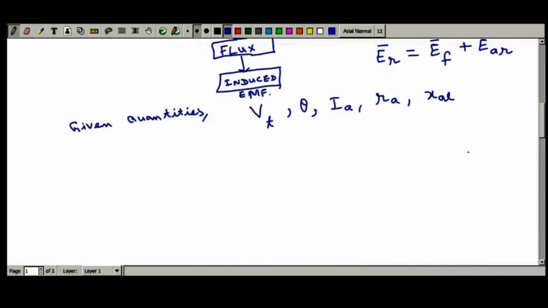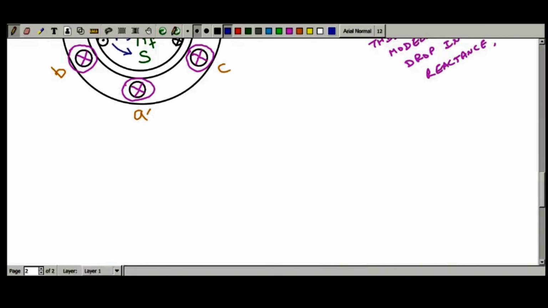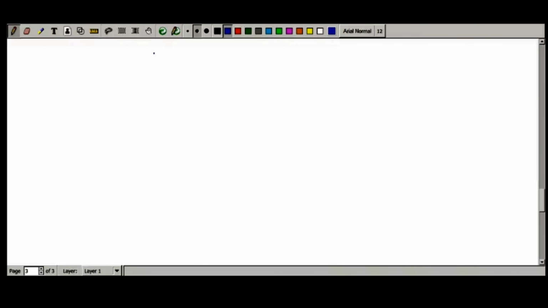So how to proceed drawing the phasor diagram? First we will draw the terminal voltage Vt. So I am drawing the terminal voltage Vt over here. So this is the terminal voltage Vt which we have drawn. Now let us assume that the alternator is operating at a lagging power factor.